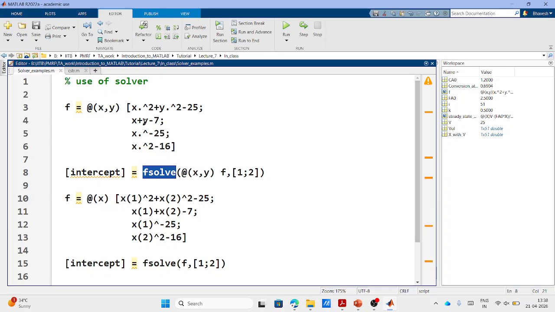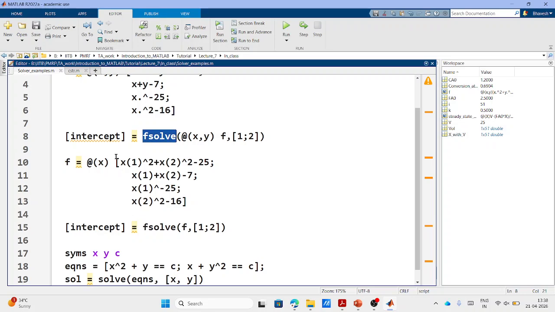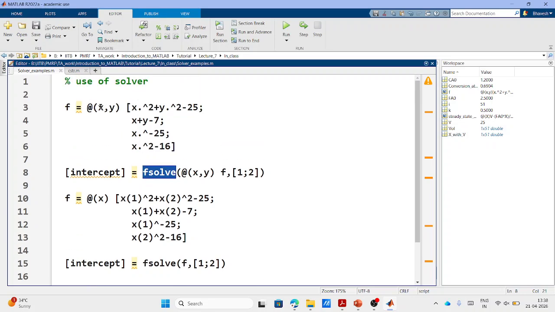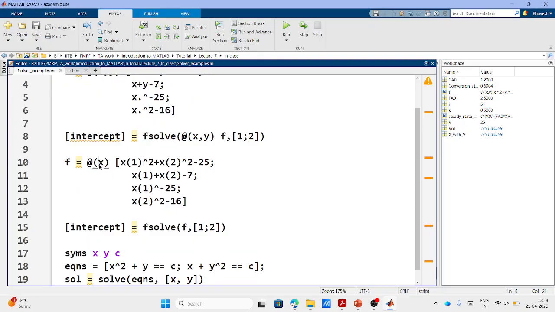Rather, all the variables we have to provide in the form of the same vector, right? So instead of providing x and y as two separate variables, I will provide them as part of one vector x, where component x1 will represent my x value, and component x2 will represent my y value. When we do that and provide this function to fsolve along with the initial guess value, it is able to capture that, right?